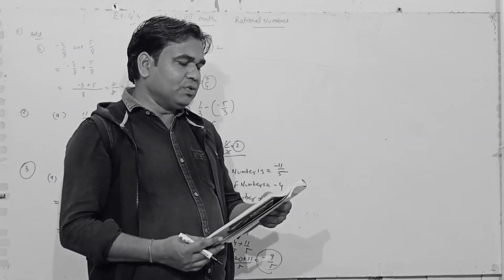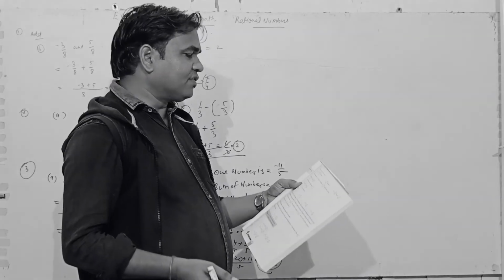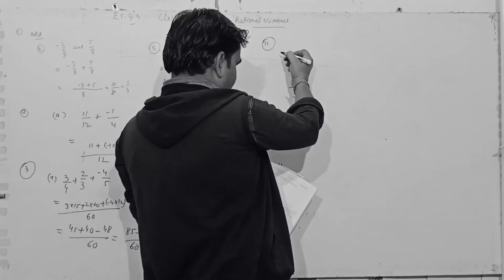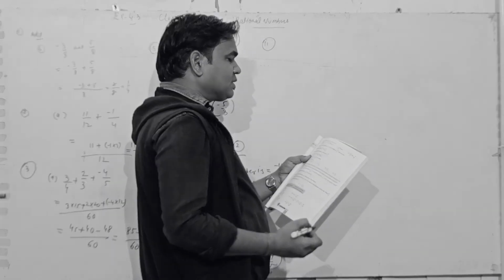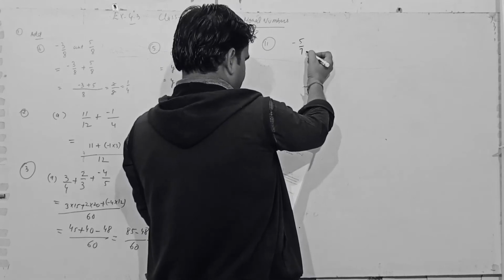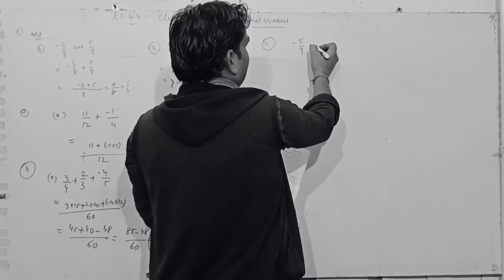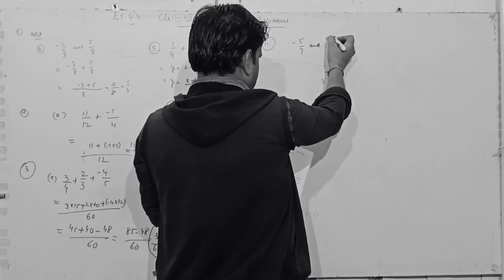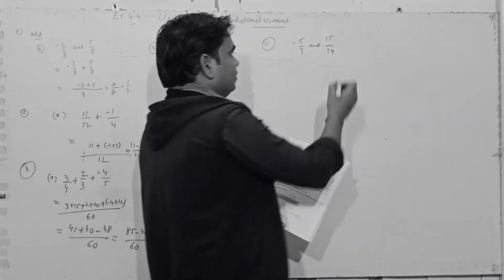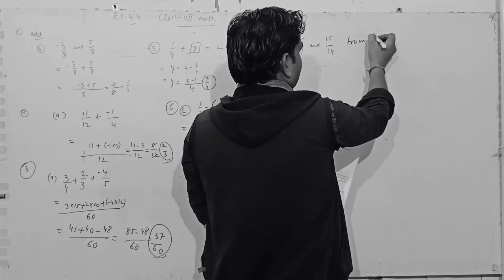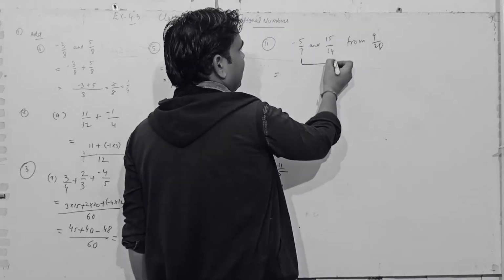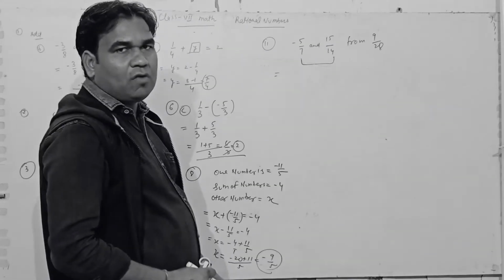And question 11 you can take, that is, subtract the sum of minus 5 over 7 and 15 over 14 from 9 over 28. So students, first we take here the sum of two numbers.